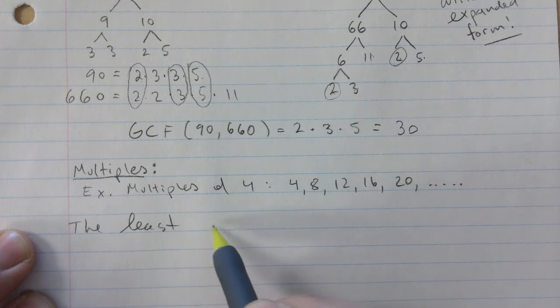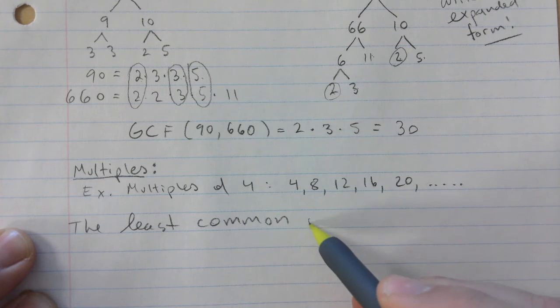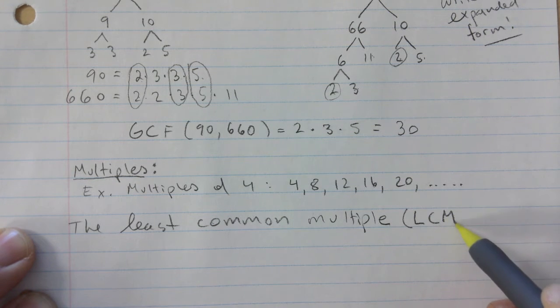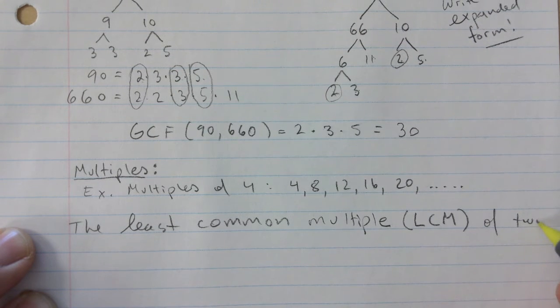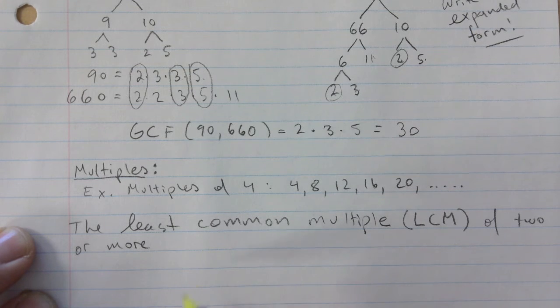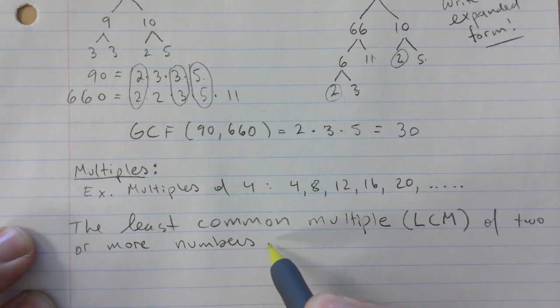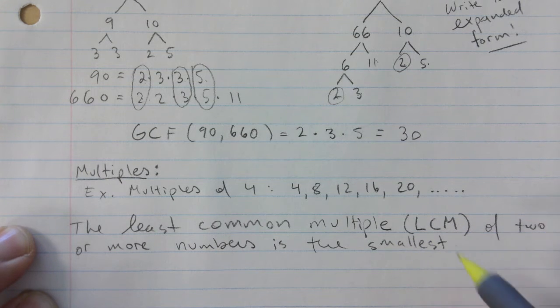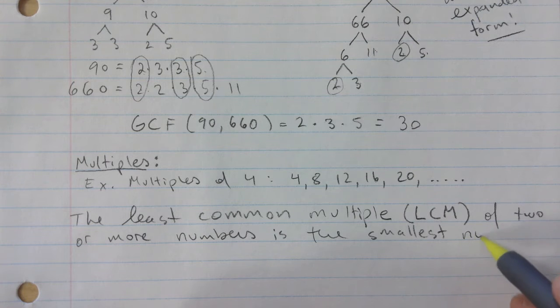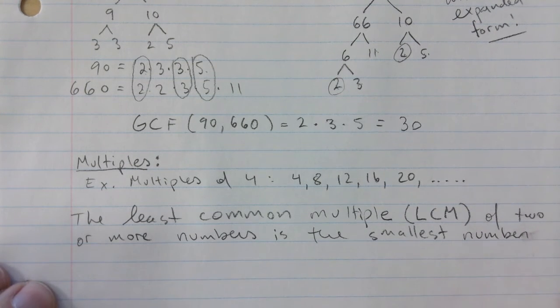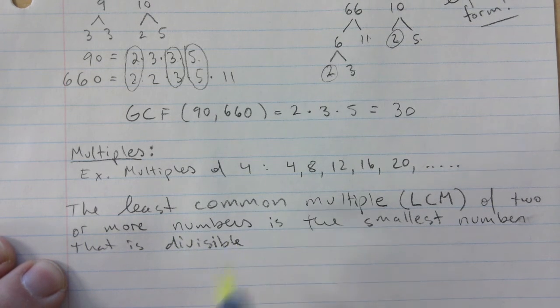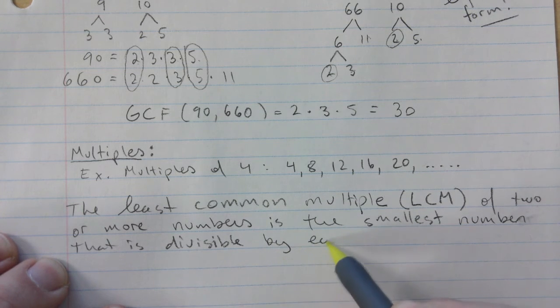The least common multiple, and we will call that LCM, okay, of two or more numbers is the smallest number that is divisible by each number.